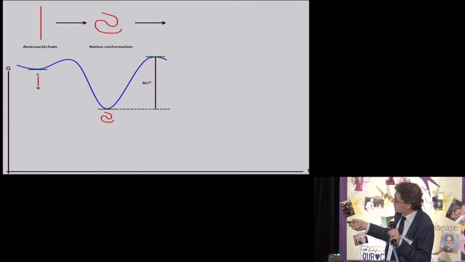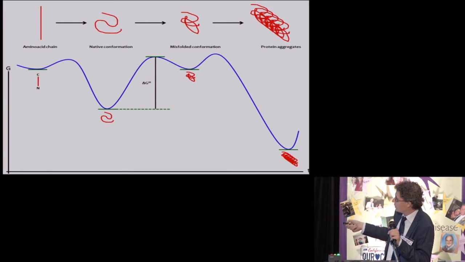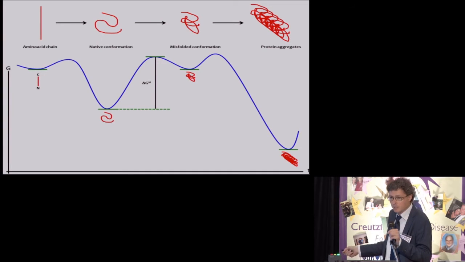Somehow, driven by mutations inside the polypeptide, or by a stochastic event in the case of sporadic CJD, we believe that there is an energy barrier that the normal conformation of PrPC passes, forming some misfolded conformation, the one that I was referring to before, still uncharacterized. The endpoint, we know it very well, is PrPSc, which is the lowest energy possible here. It's very resistant to treatment because it's very stable.